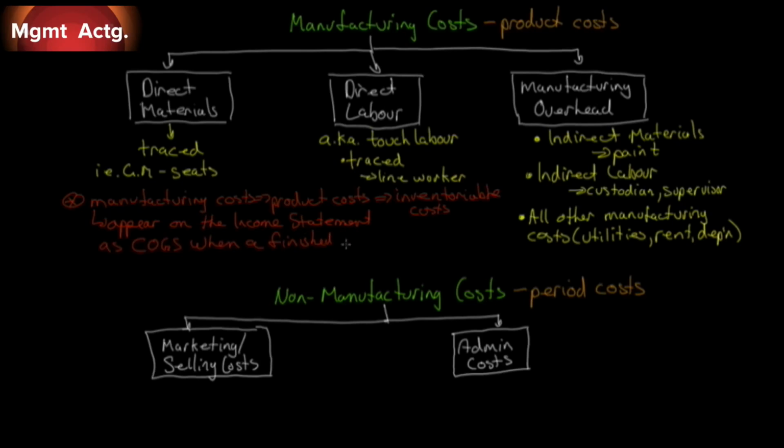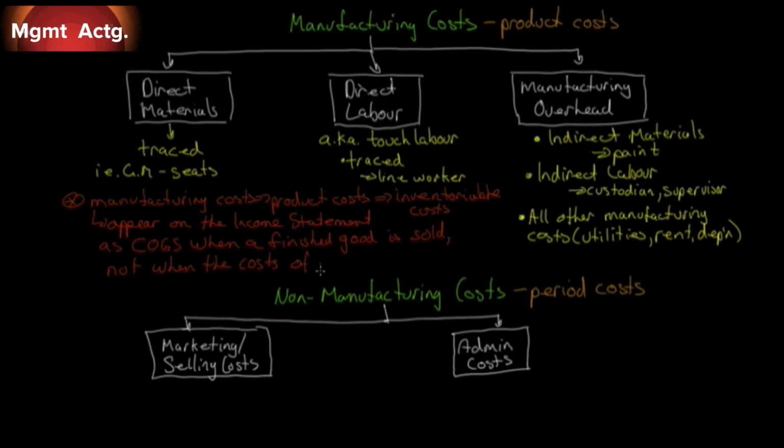So we could incur a lot of costs in the month of January to produce something and not sell that product till March. As far as the income statement is concerned, there were no costs associated in January with production. They all occur in March when the finished goods are sold.